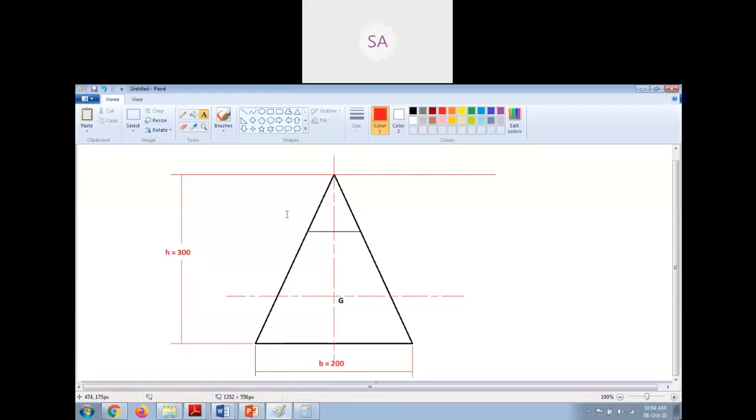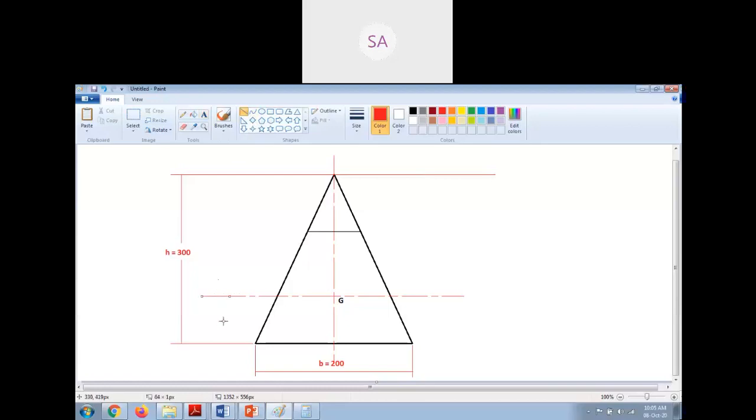So we have to find the shear stress at important points and draw the shear stress distribution. Now for a triangle, the center of gravity, we have already studied.